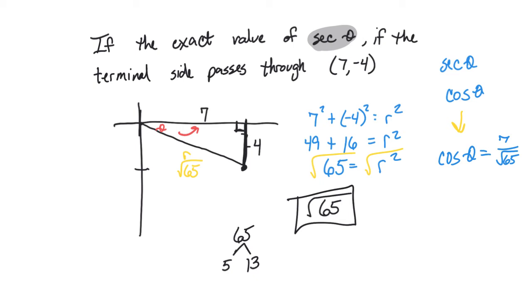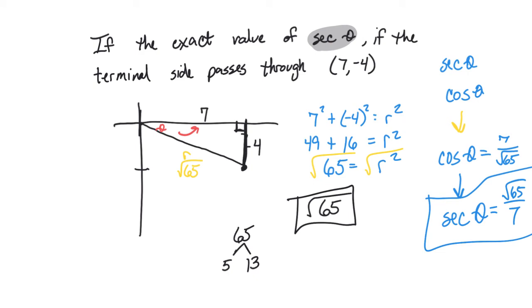Now, normally we don't leave a radical in the denominator, but we are converting this to secant, so the problem solves itself. So secant is the reciprocal function to cosine. We'll move the square root of 65 to the top and the 7 to the bottom, and then we have our secant ratio.